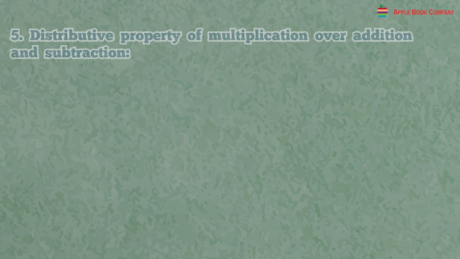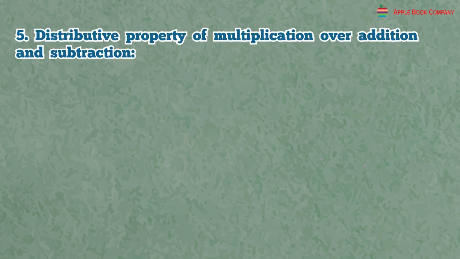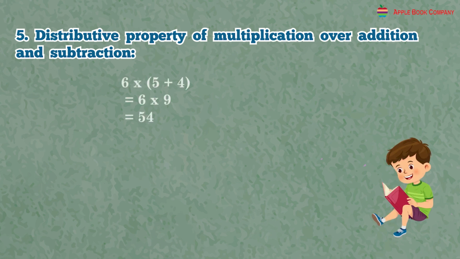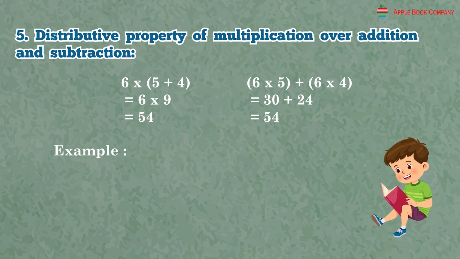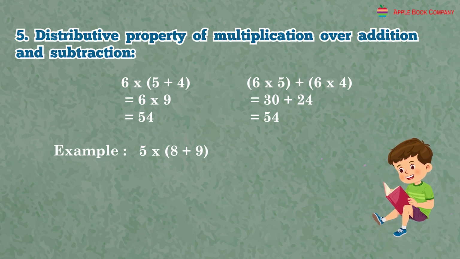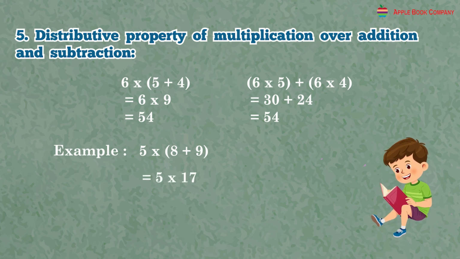Distributive property of multiplication over addition and subtraction. The product of a number and the sum of two numbers is equal to the sum of the products of that number with the two numbers separately. Example: 5 multiplied by the sum of 8 plus 9 becomes 5 multiplied by 17, which is equal to 85.